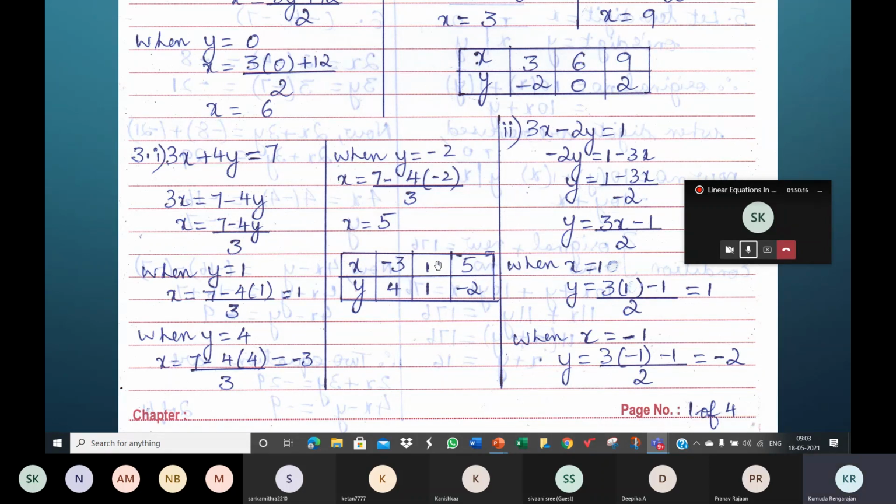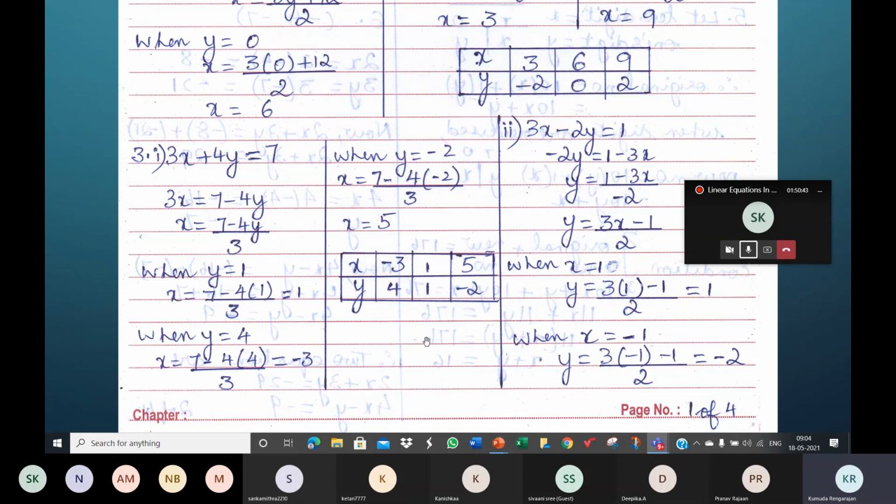So as far as possible, we must try to get integer values like this. Or if you get 1.5, 2.5, that's also fine. Or something like 1.2, 3.8, all that also is easy to plot. But if the values are not terminating, or even if it terminates, like say 2.875, you have to approximate it.